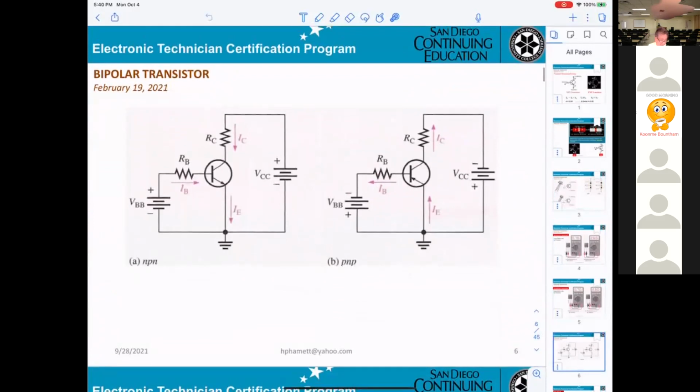Okay. The transistor cannot work without the DC power supply. The job of the transistor is to be an amplifier. What do they amplify? They amplify your voice, that means the sine wave AC signal.